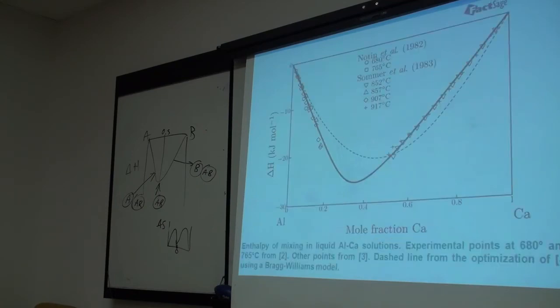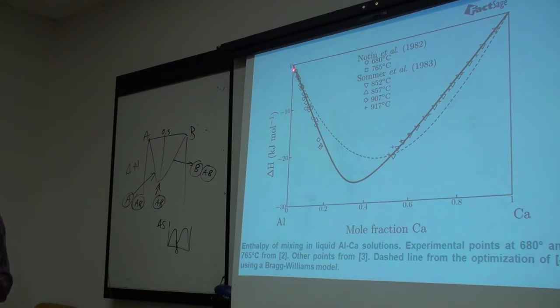All right, if you take this system, similar to what I said last week, in this region here the Bragg-Williams and the short-range order models don't give you that big a difference.